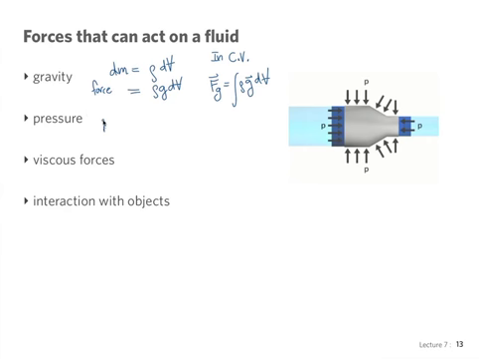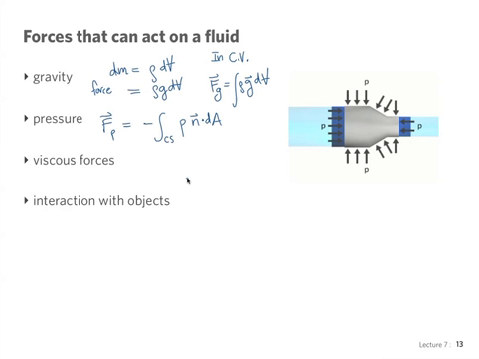The total force due to normal stresses, or pressure forces, is equal to minus the integral over the control surface, it's a surface force, of P n dA, where n is the outward facing normal, as shown in that cartoon.